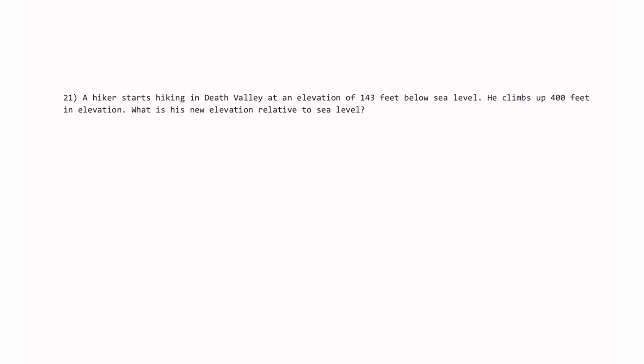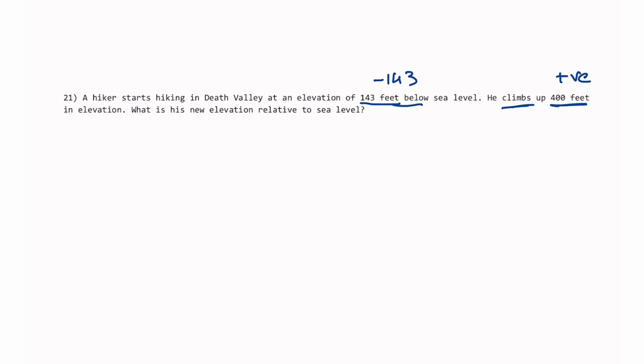This one states a hiker starts hiking in Death Valley at an elevation of 143 feet below sea level. Okay, so it's going to be minus 143, right? He climbs up 400 feet, climbs up. So this will stay positive, right? What is his new elevation relative to sea level?